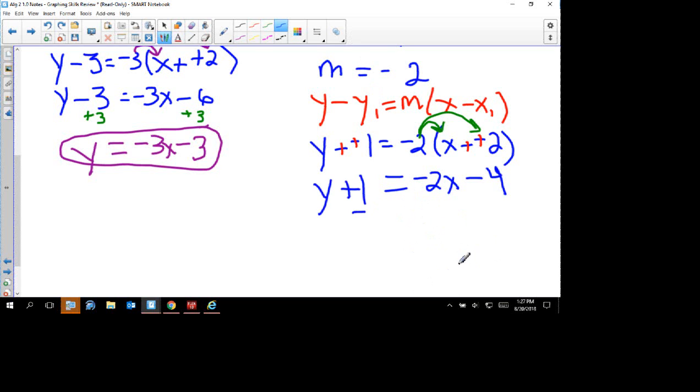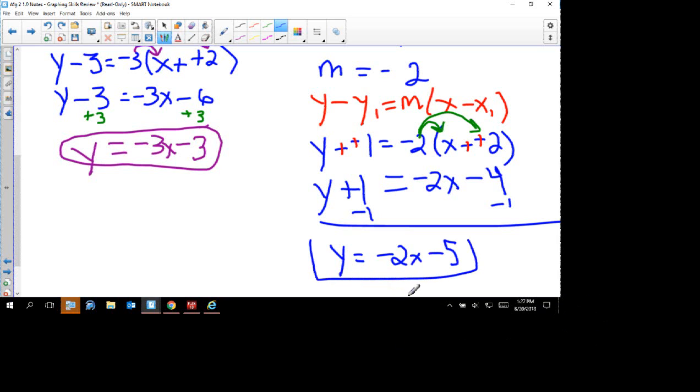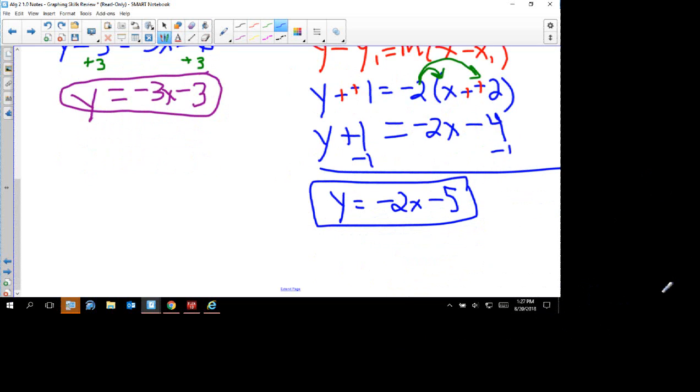And then subtract that 1. You should get negative 2x minus 5. Again, sorry that I'm doing this with my mouse.